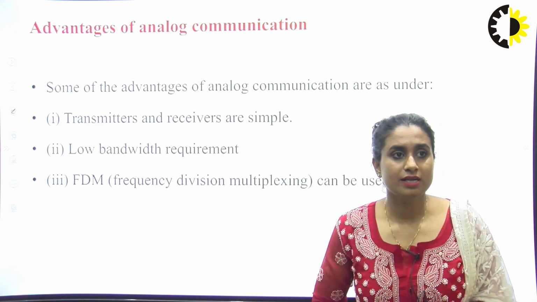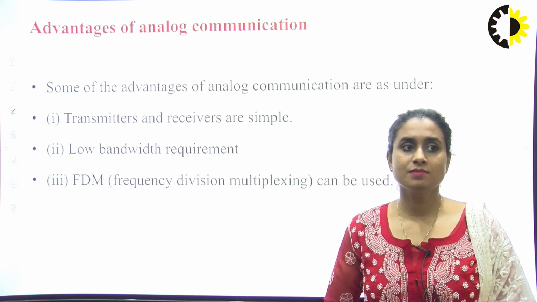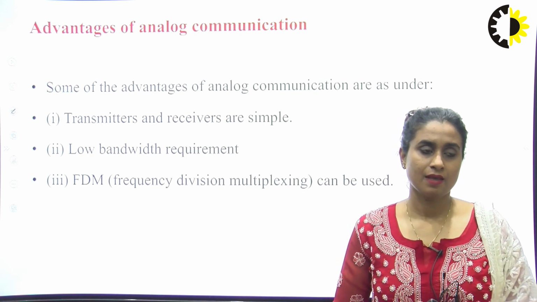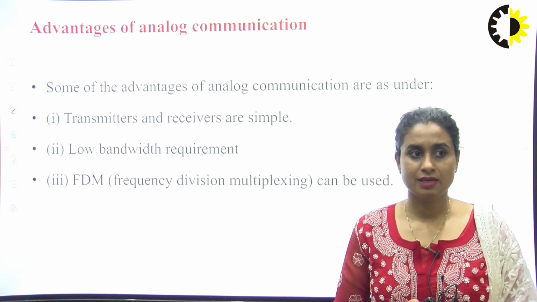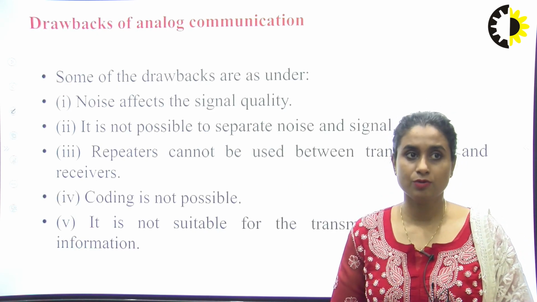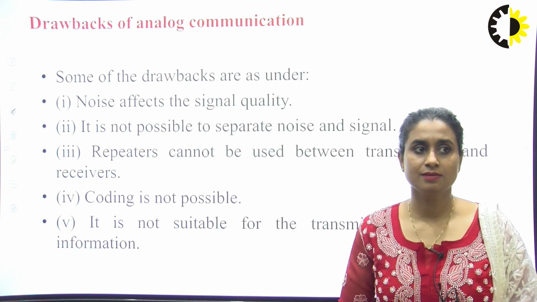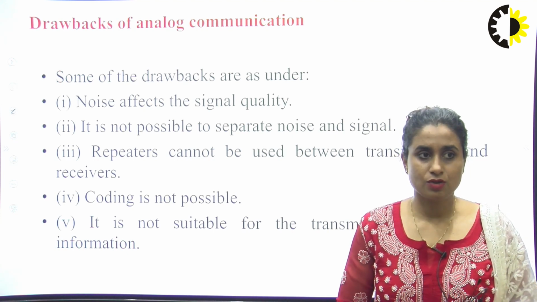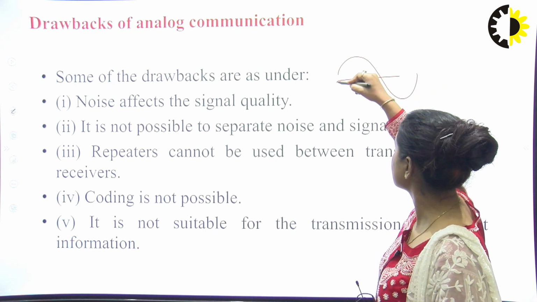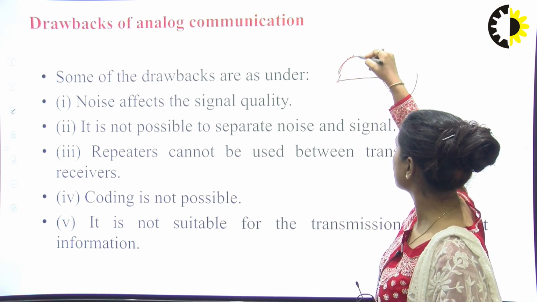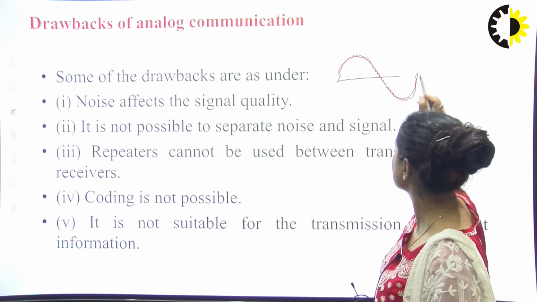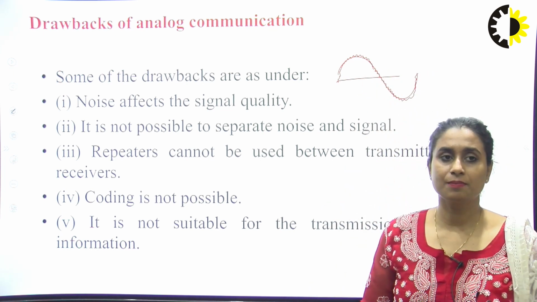What are the various advantages of my analog communication system? Some of the advantages are that transmitters and receivers are really simple. They have low bandwidth requirement. Frequency division multiplexing can be used. If I talk about drawbacks of analog communication, noise affects the signal quality. This is my analog signal. If any noise has a frequency close to it with close power, my signal will appear noisy like this.